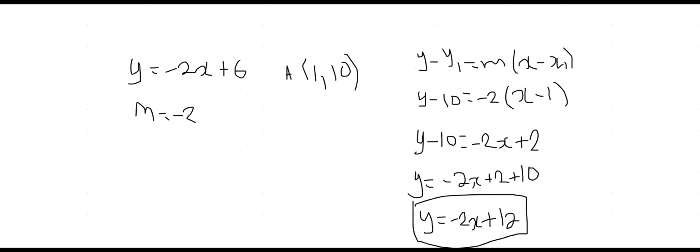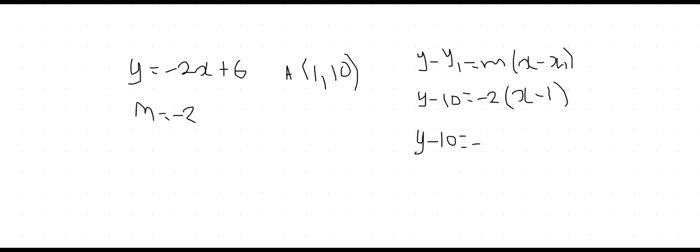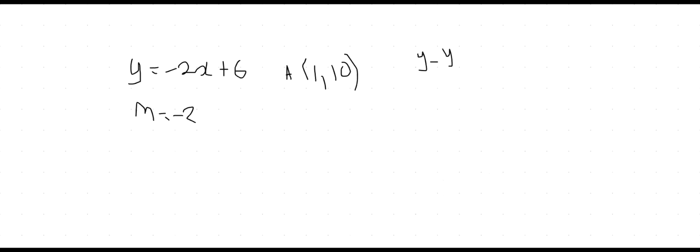Now let's look at a few examples on how to use the other theorem on perpendicular lines. We're going to begin with another show-that kind of question. So let's see.